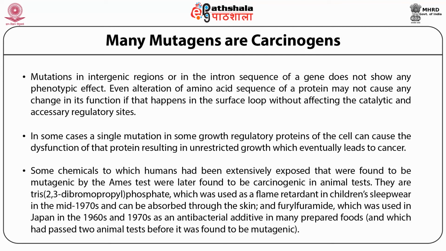Another example is furyl furamide, which was used in Japan in the 1960s and 1970s as an antibacterial additive in many prepared foods and which had passed two animal tests before it was found to be mutagenic.